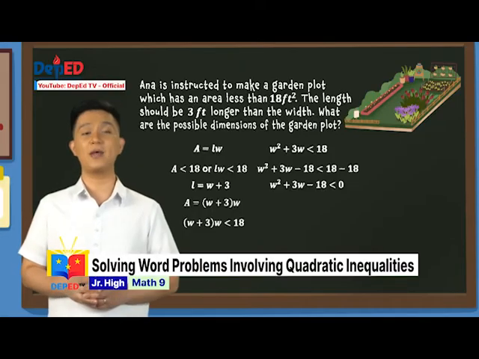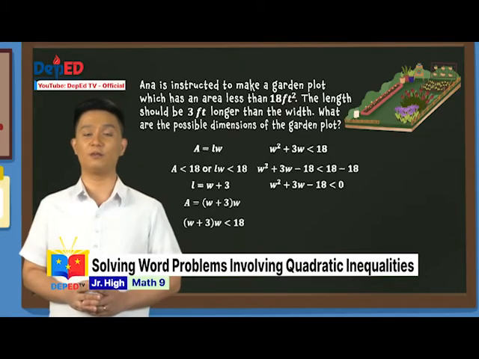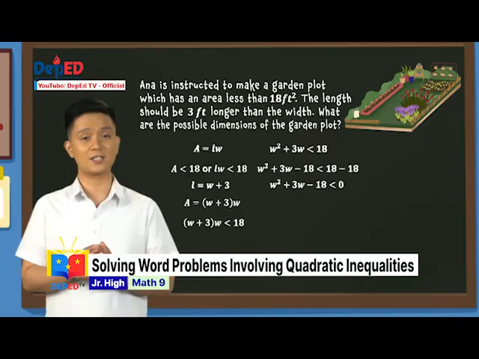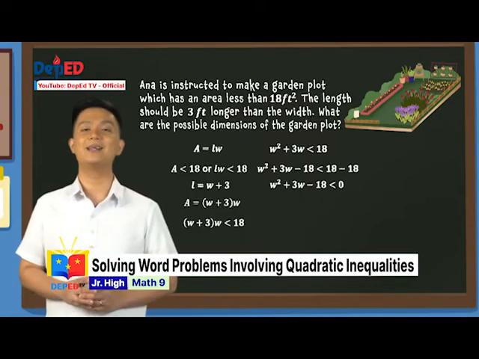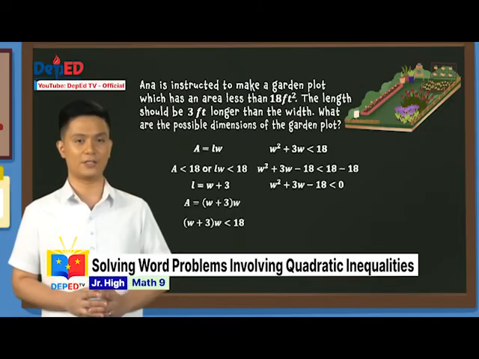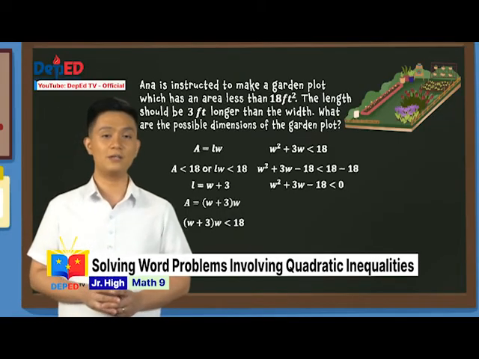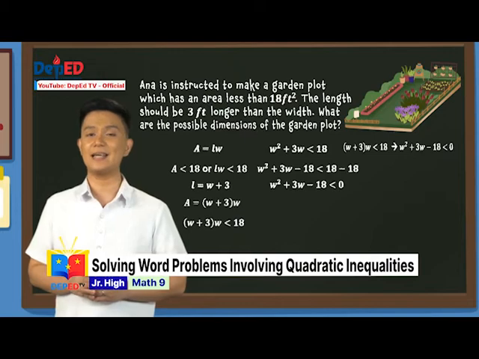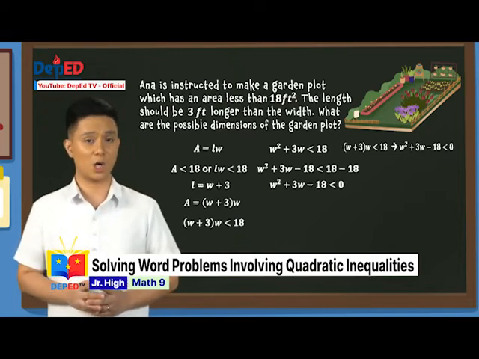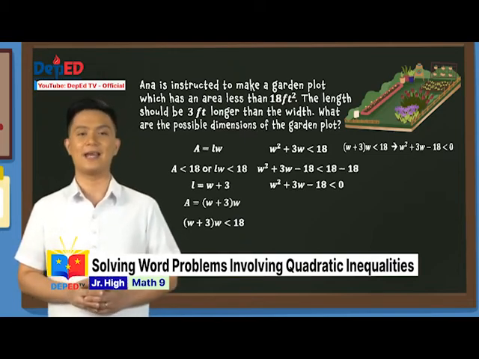And we have to determine the set of values of the variable W for which the value of the polynomial W squared plus 3W minus 18 is negative. Now that the inequality has been written in standard form, we can now start taking steps in solving it.